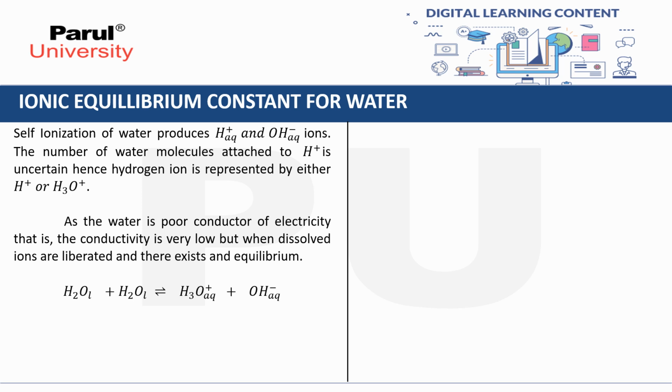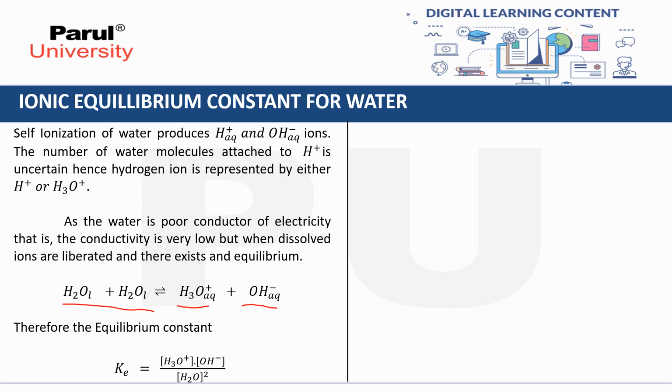Water is a poor conductor of electricity, that is, the conductivity is very low, but when dissolved, ions are liberated and there exists an equilibrium. For example, 2 moles of water give you H3O plus and OH minus ions. Therefore, the equilibrium constant of water can be written as Ke equal to the concentration of H3O plus into the concentration of OH minus upon the concentration of the reactant, that is H2O.